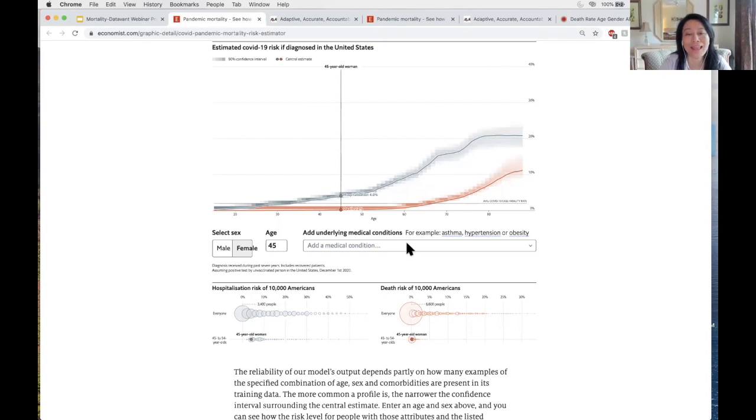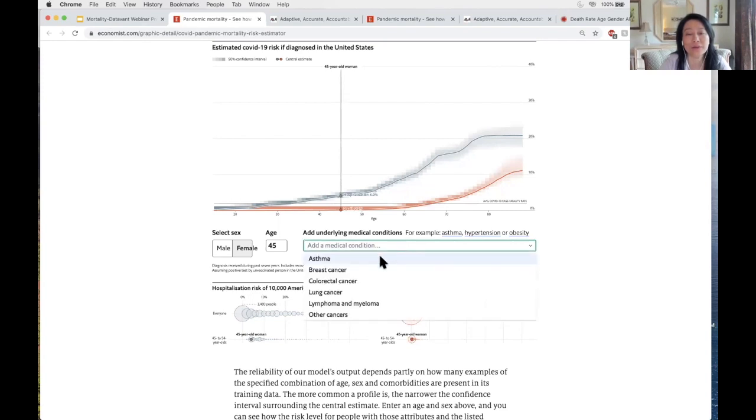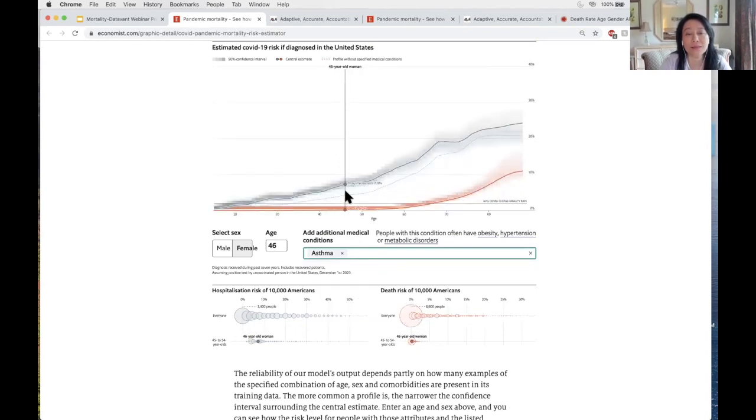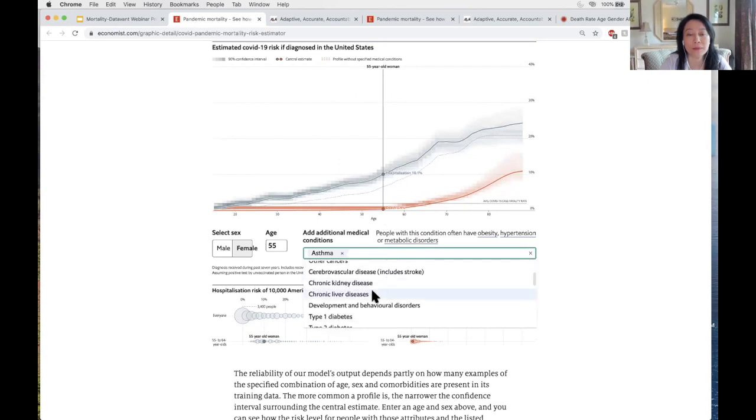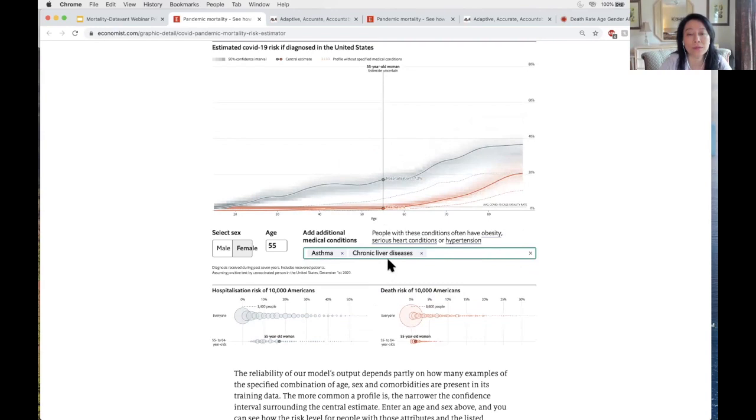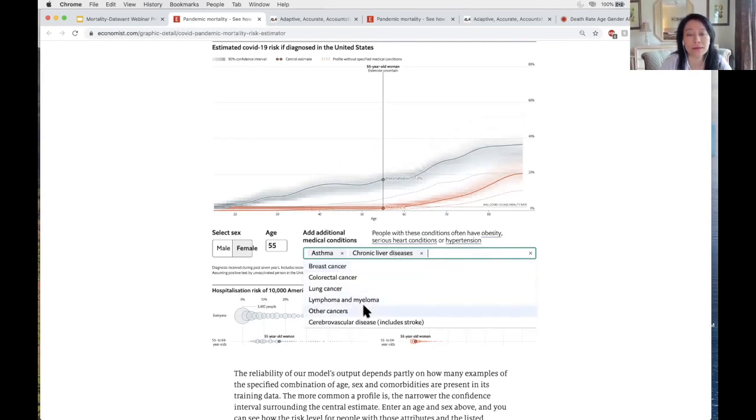Now, as I start adding underlying medical conditions, for example the same person with asthma, you can see the death risk and hospitalization risk start to go up. Now, as underlying medical conditions compound, for example somebody with chronic liver disease and asthma, let's add on a form of cancer.